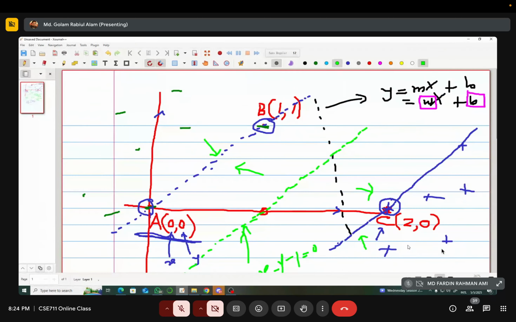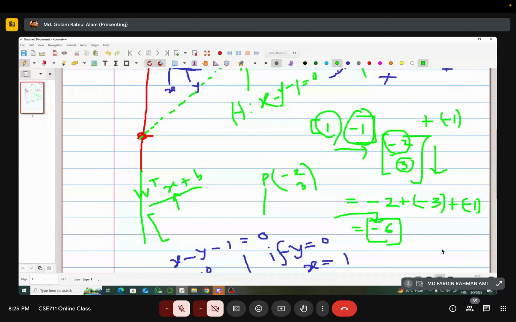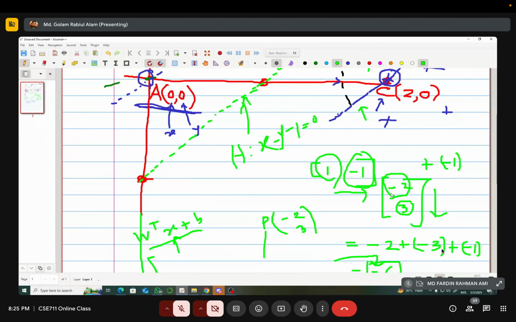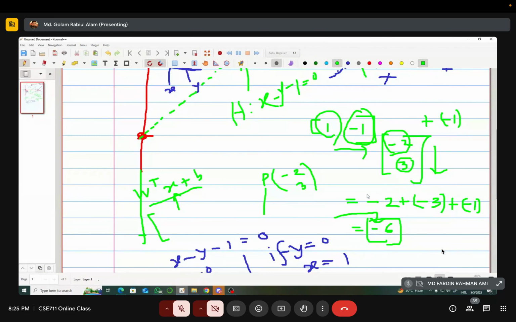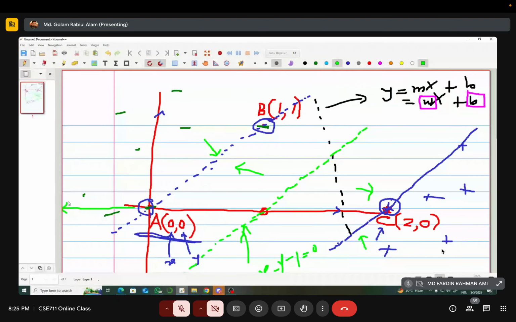Now if we plot this, that is -2 and +3. -2 in the x-axis, so that means on this side, and +3 is y is +3, maybe here.